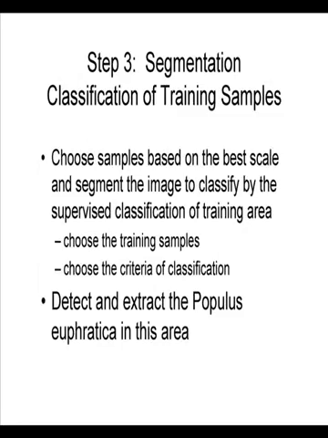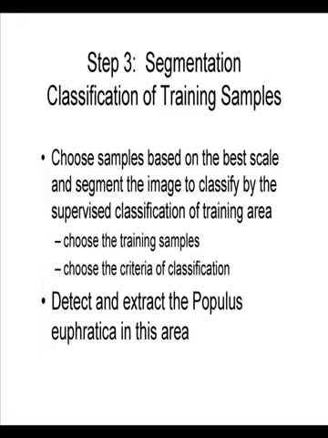In this step, we trained the computer to classify the vegetation. The two problems are choosing the training samples and choosing the indicators for classification. After this step, we got the extraction of Populus euphratica in this whole area, and this classification was done by the computer.